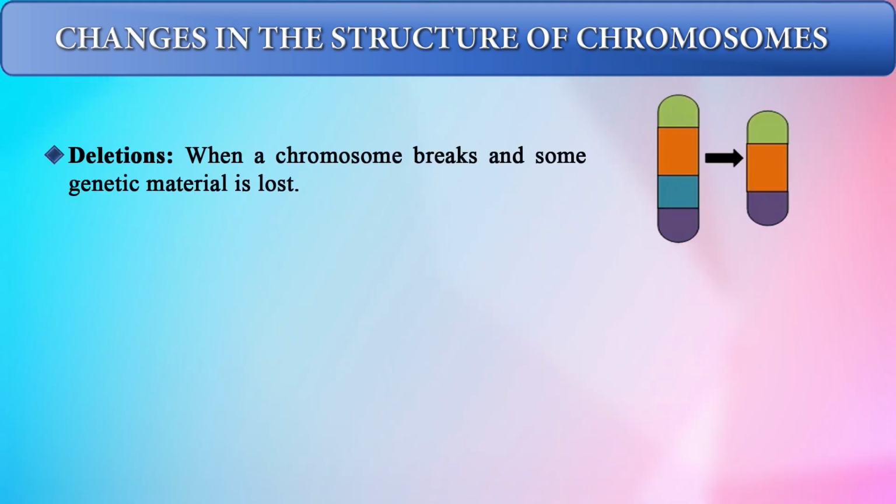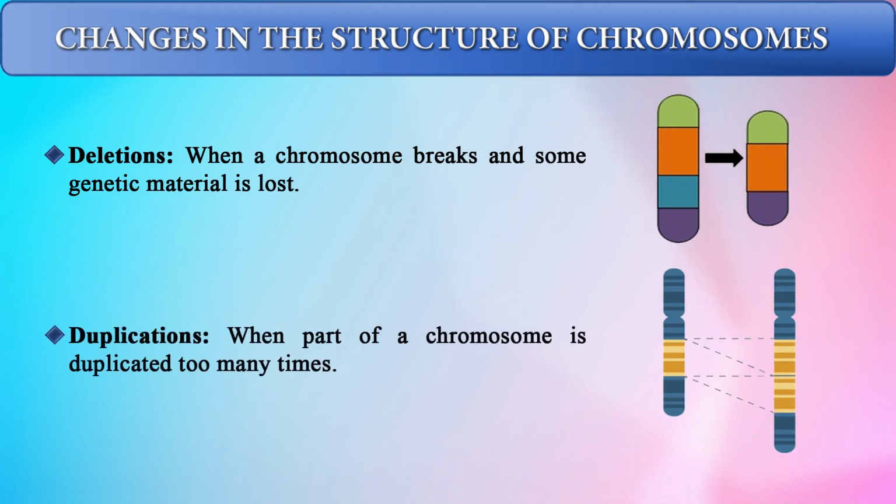Deletion. This occurs when a chromosome breaks off and some genetic material is totally lost from that. Duplication is when one part of a chromosome is duplicated many times. So in the top figure you can see deletion. I have shown that with the help of certain colors: green, orange, blue and violet.